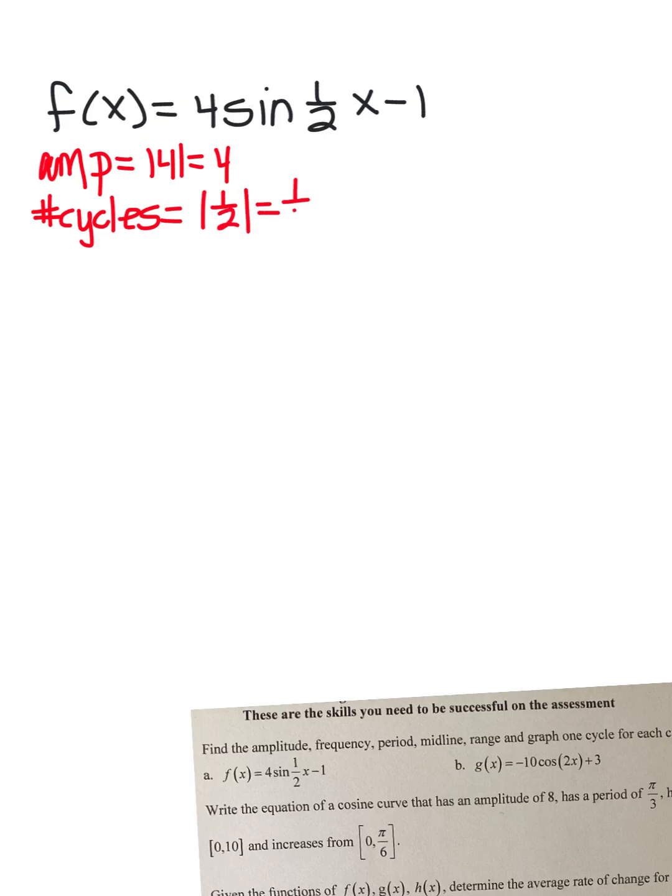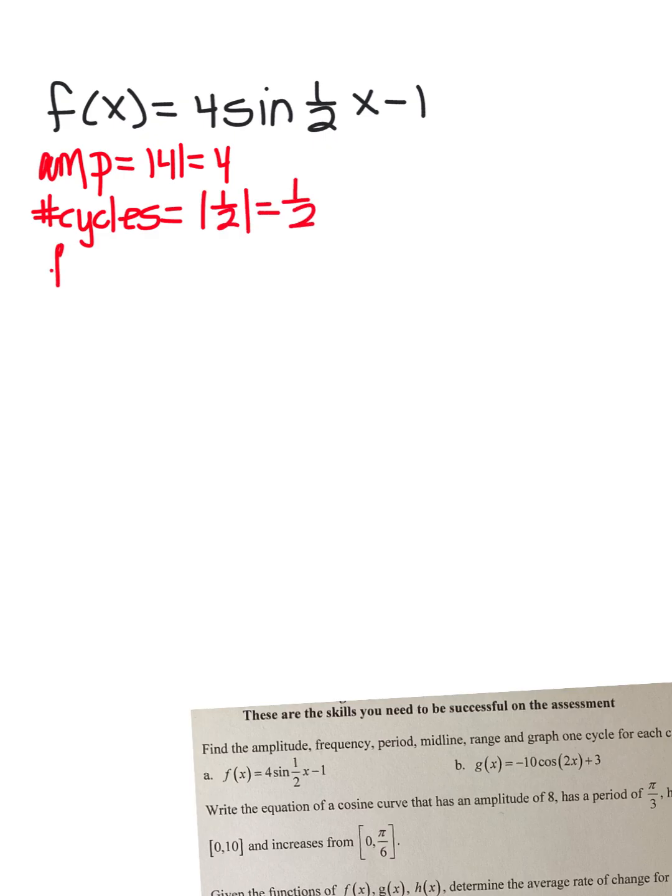Okay, so let's start off by identifying the amplitude. Remember, the amplitude is the absolute value of A, so it's the absolute value of 4, which is 4. Then we have the number of cycles, which is the absolute value of B, which is going to be 1/2.